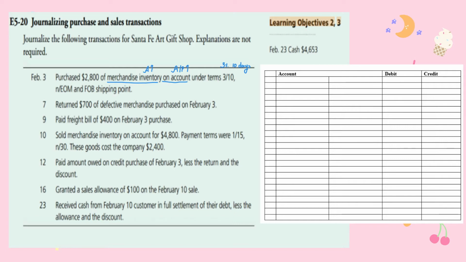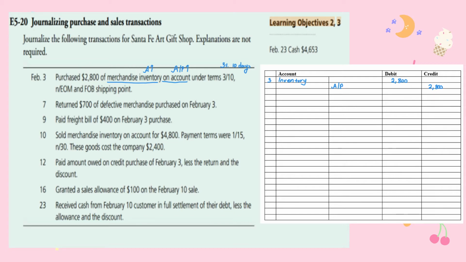Okay, so on February 3rd, my entry will be inventory on the debit side, and accounts payable on the credit side. I need to leave a space for the credit account. Now 2,800 in the debit, 2,800 in the credit side.